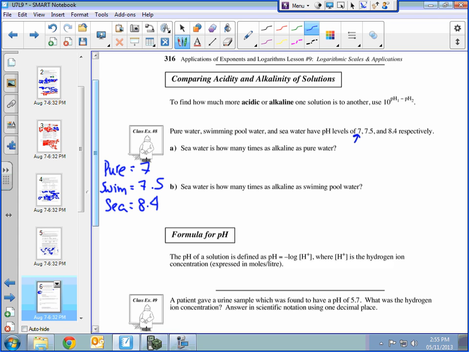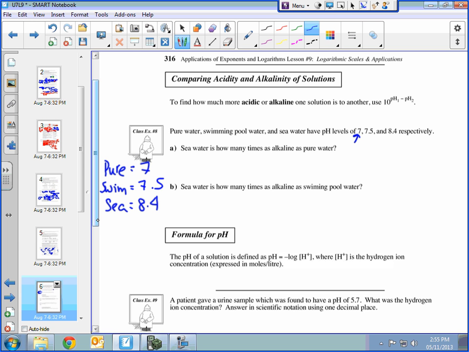So I'm talking about seawater and pure water. Is seawater more alkaline or acidic than pure water? Seawater is how many times as alkaline as pure water? Is seawater more alkaline than pure water? Yeah. So do we just go the normal way or do we go opposite if it's already right?